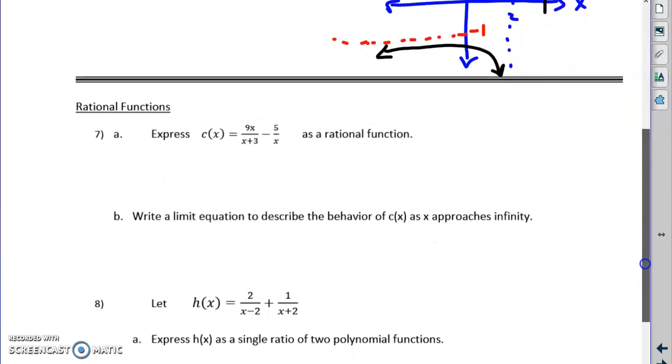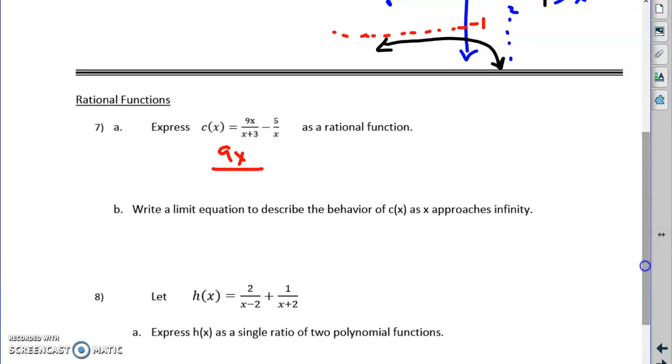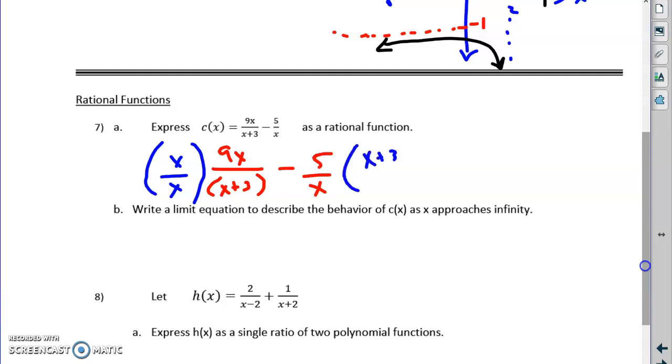All right, rational functions. To make them into a single rational function, we got to get common denominators, which means we're going to multiply this by one of these. That needs an x, and the x needs an x plus 3, top and bottom.